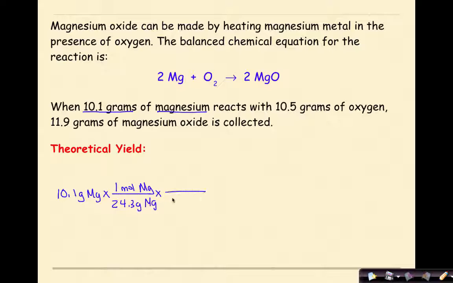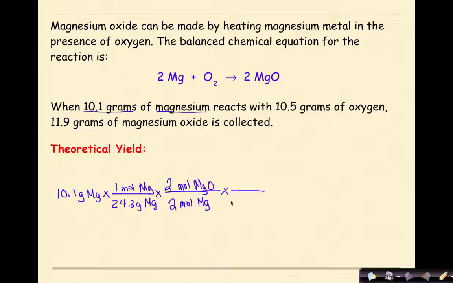I am going to convert from moles of magnesium to moles of MgO because I am doing a theoretical yield and I want to figure out how much product I'm going to produce. The coefficient in front of the MgO is 2. The coefficient in front of the Mg is also 2. So ultimately I'd be able to cancel those out.